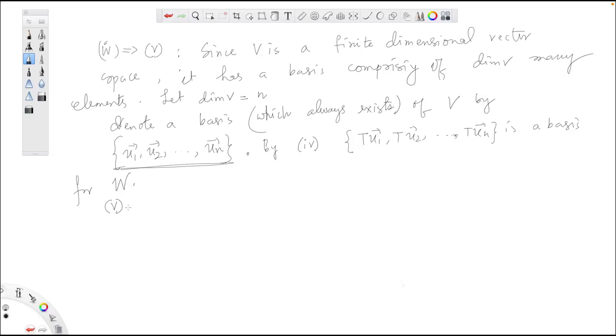Now we need to prove that 5 implies 1. Condition 5 states that there always exists a basis U1, U2 all the way up to UN of the vector space V such that TU1, TU2 all the way up to TUN is a basis for the vector space W. We need to prove that this condition implies that T is invertible.